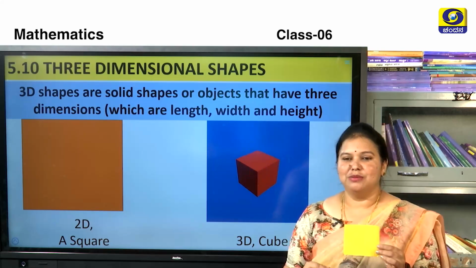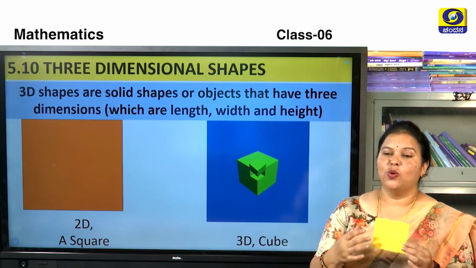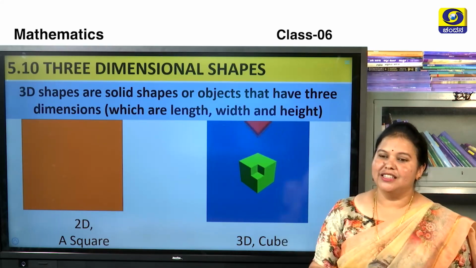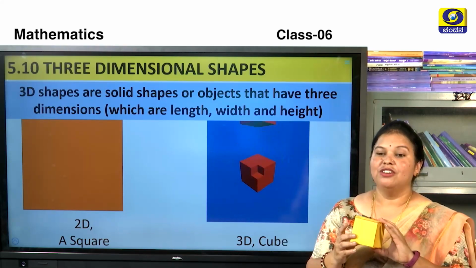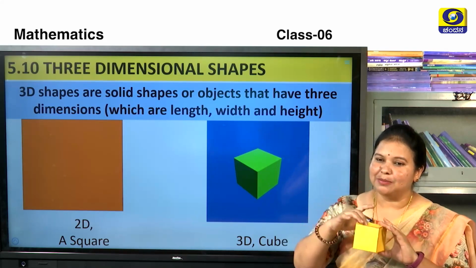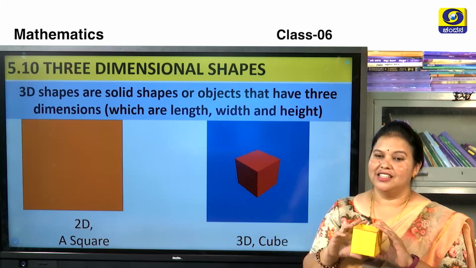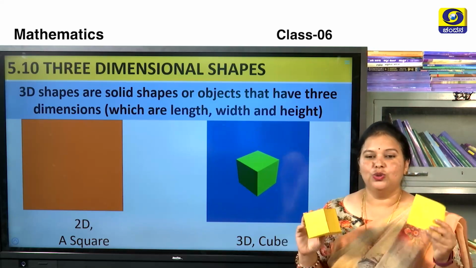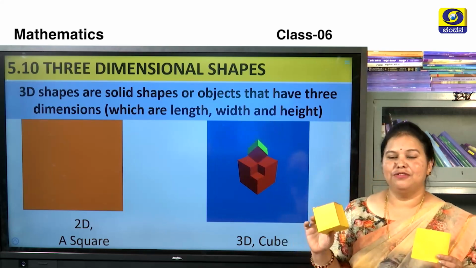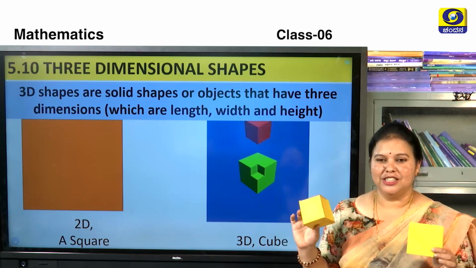In this two-dimensional shape, we can measure only length and breadth. And in this three-dimensional shape, we can measure length, breadth as well as depth or height of this object. Is it clear, children? So two-dimensional and three-dimensional, you can compare and find the difference between these two shapes.